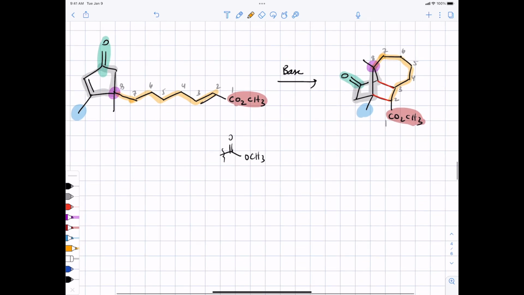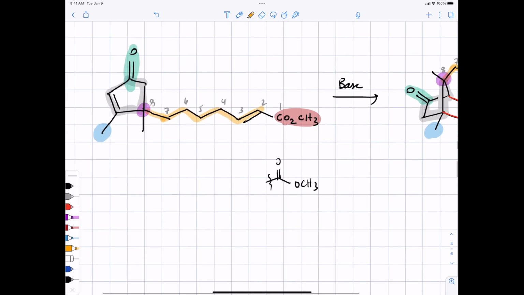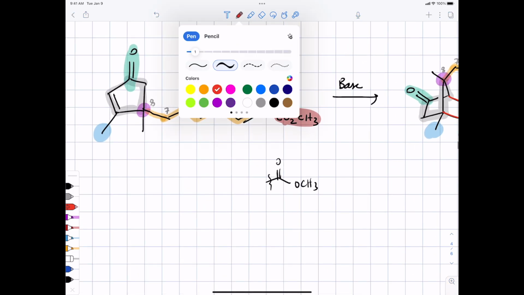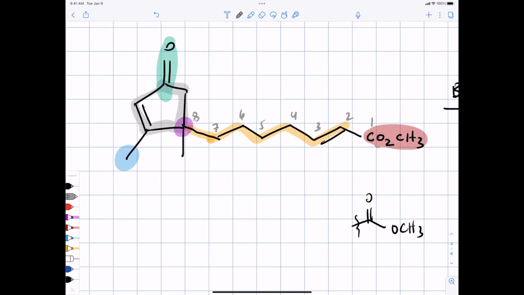All right. Now, it may help us out to number the atoms of that 5-membered ring. There is a right way to number atoms of a ring, but nobody cares to know the rules, so we're just going to do whatever we want.